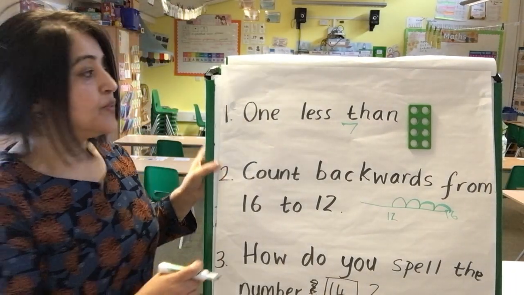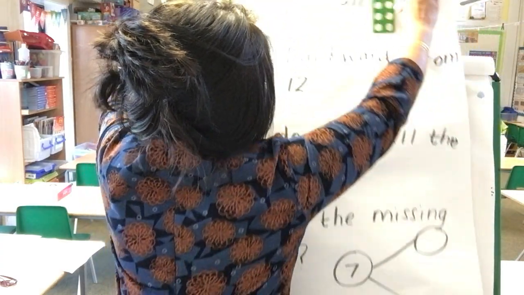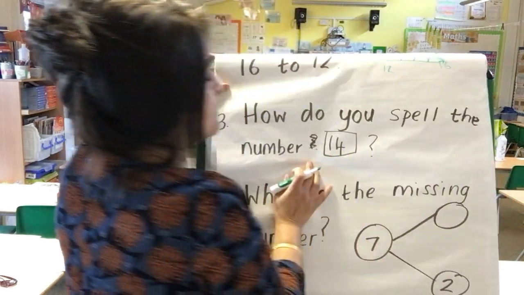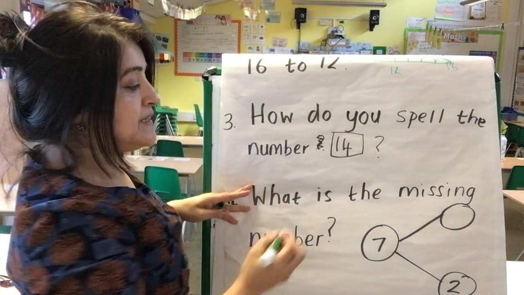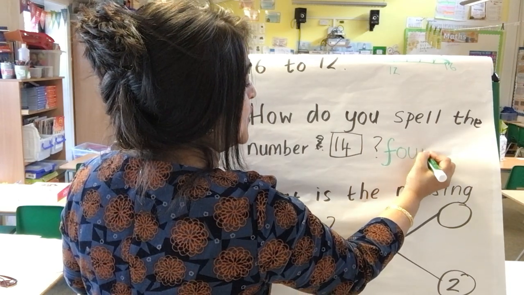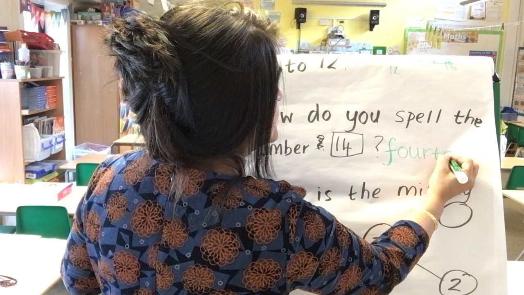And the next one was, how do you spell the number 14? Well, there's a number 4. Teen. It's a teen number, isn't it?